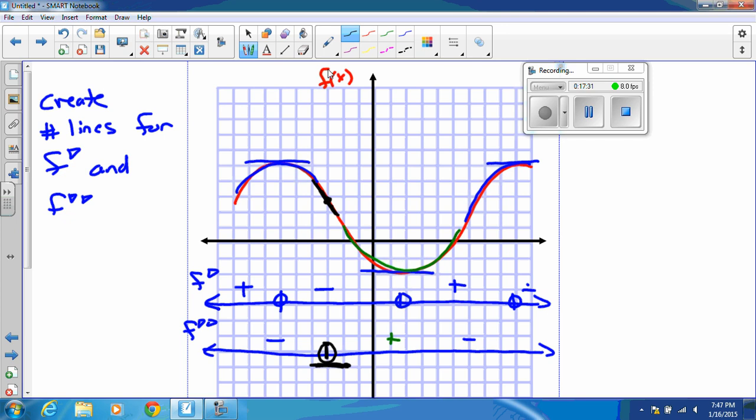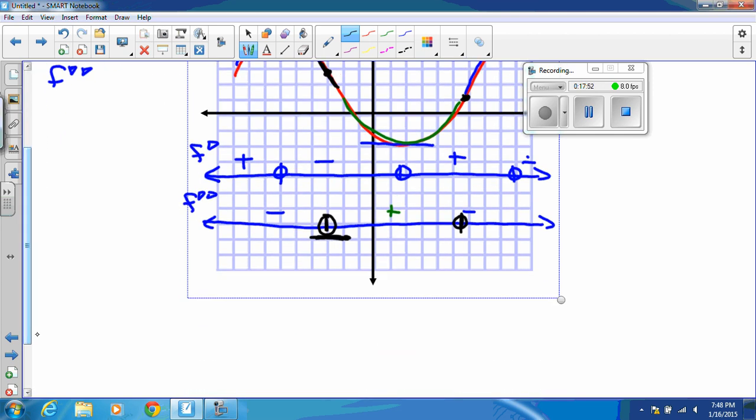So right here where the curve is the flattest is my best estimate for the place where f double prime changes signs. And that's right here at x equals -3. And then again, right about here, where f becomes the flattest again, this place is a good candidate for f double prime to be 0.